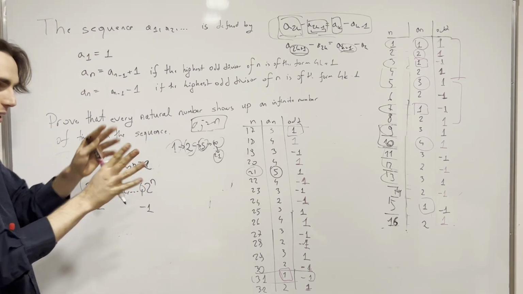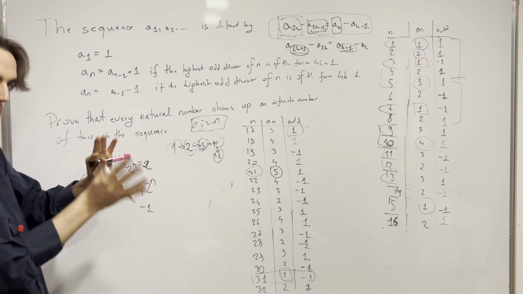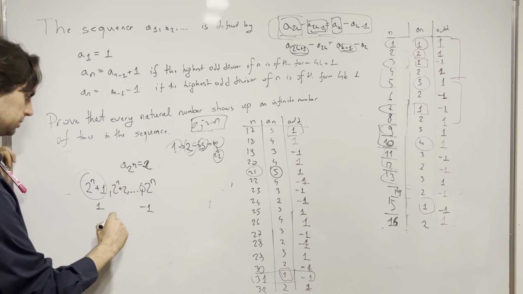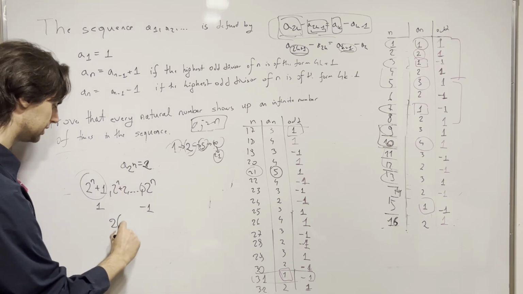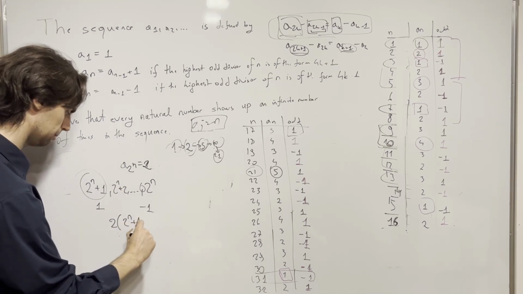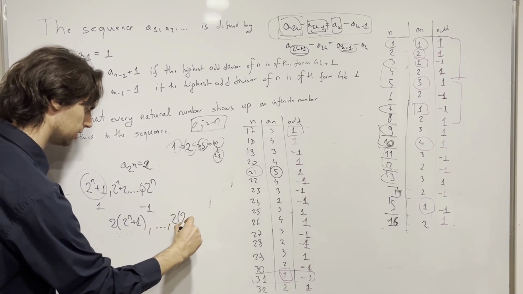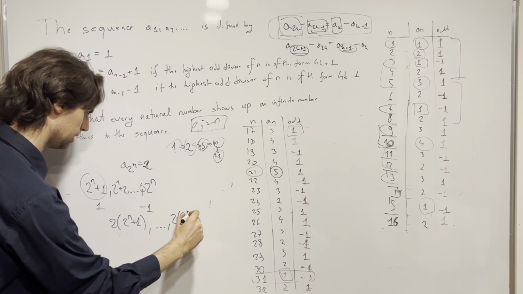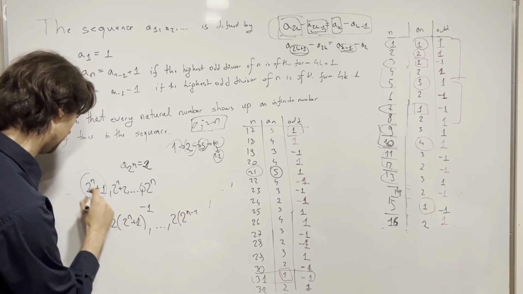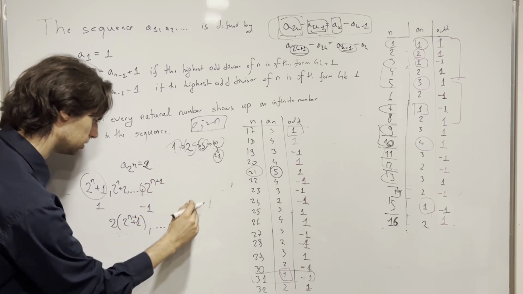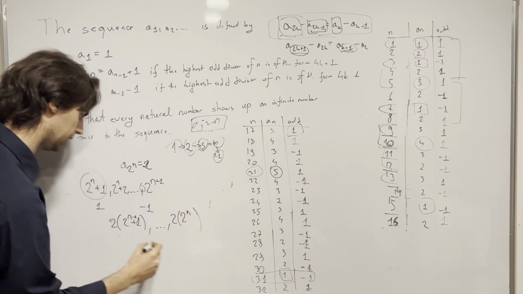You can just forget about them because you're minus 1 plus 1, minus 1 plus 1, minus 1 plus 1. And then these numbers have the same sort of pattern as 2 to the n plus 1, all the way till 2 times 2 to the n.